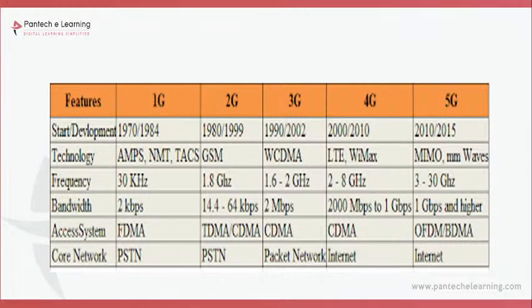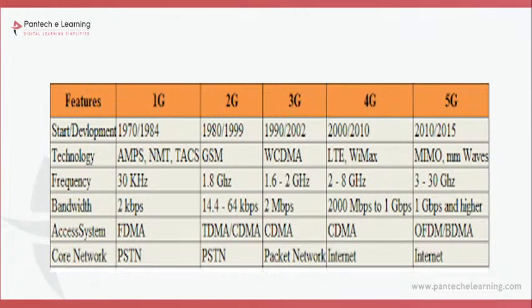Then come to the second generation. That second generation was a revolutionary milestone in the telecommunication sector. 2G was the first wireless digital transmission, and it came in 1991.